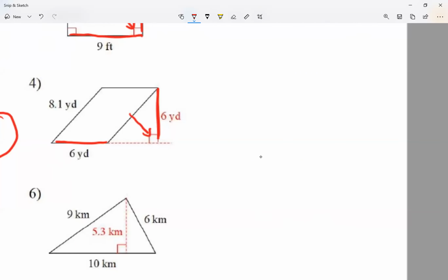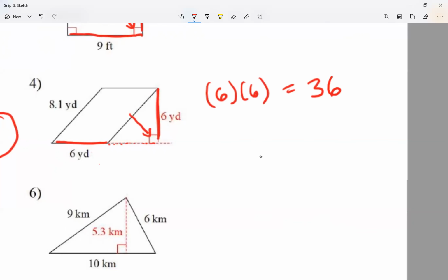The dotted line that we see at the very bottom is, if I was to extend this 6 from the bottom, that's how we see the 90-degree angle. But the 90-degree angle is made by 6 and 6. So let me multiply those two numbers. 6 times 6 is 36.